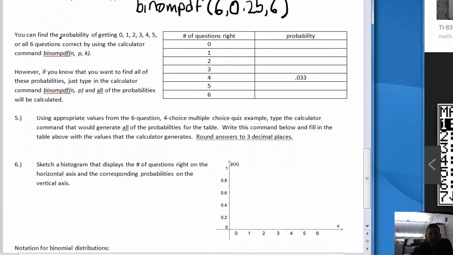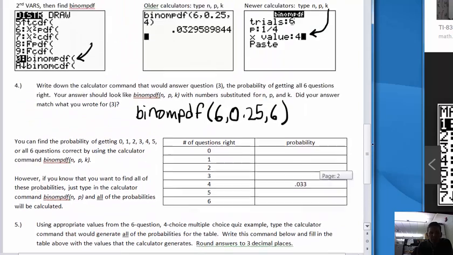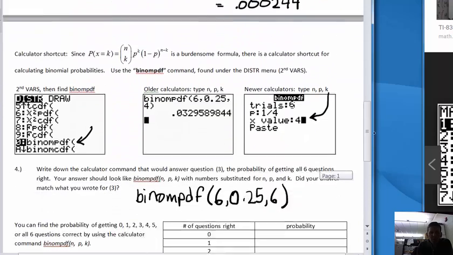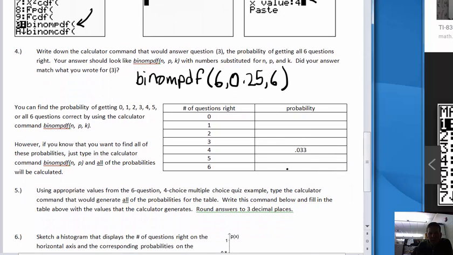What's nice about the shortcut is it allows you to find a number of probabilities quickly, especially if you want to know the probability of getting any number of these questions correct. Now, we just talked about the probability of getting 6 questions right, and that was 0.000244. To 3 decimal places, that is basically almost impossible.